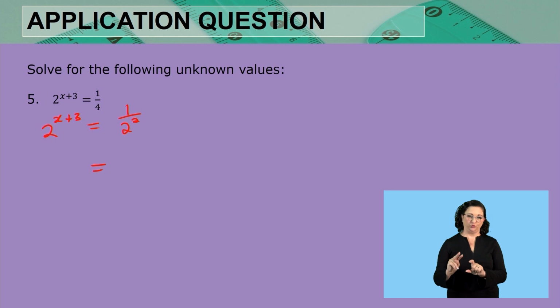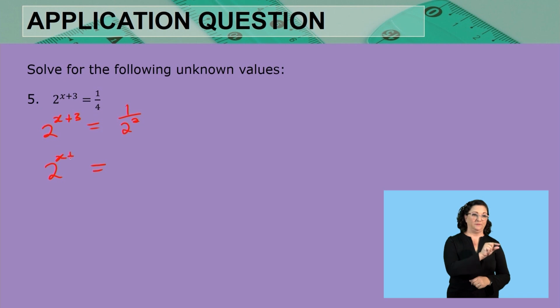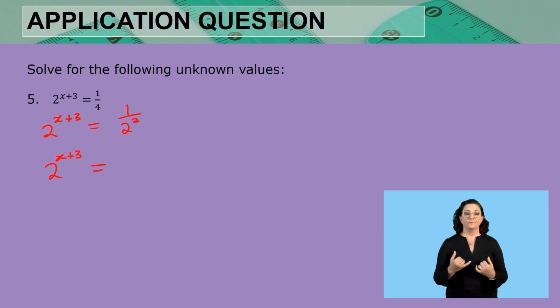And if we want to make the two powers the same base, then we are going to say 2 exponent x plus 3. And on the right-hand side, we are going to take this power, that's the denominator, and we are going to make it a numerator. That is going to give us 2 exponent a negative 2. That's according to our exponent laws.